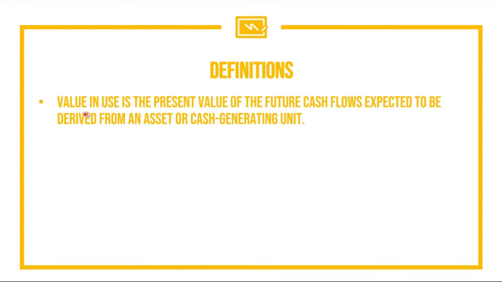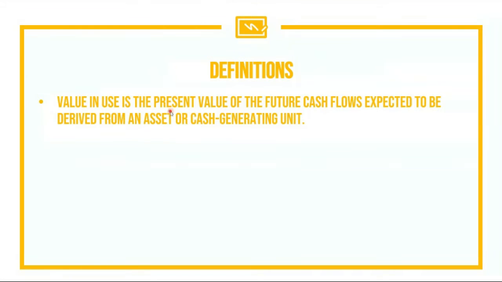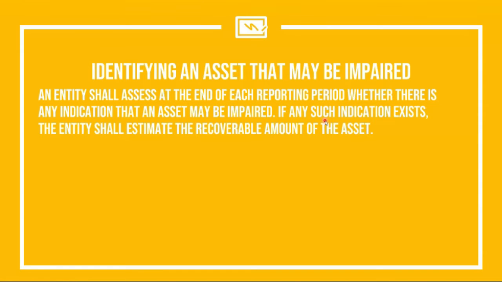Then finally, we have value in use, which is the present value of future cash flows expected to be derived from an asset or cash generating unit. This is pertaining to the continual use until eventual disposal of the asset. So with that, let us proceed with the next portion.